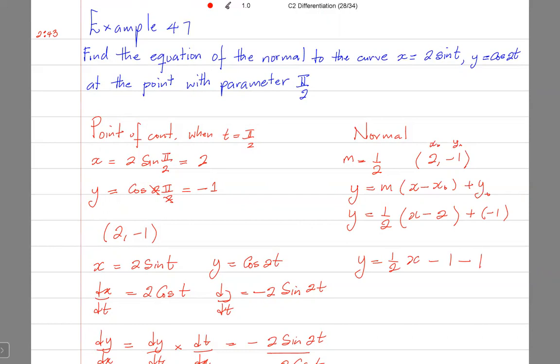A half of 2 is 1. So you have minus 1 minus 1. And so y is equal to a half x minus 2 is the equation of the normal.